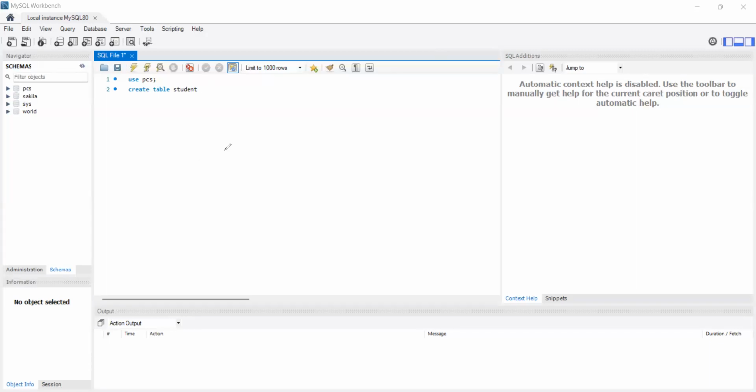Okay, so I am drawing a structure of the DBMS. If it is a desktop, this is the hardware, and this will be the user.